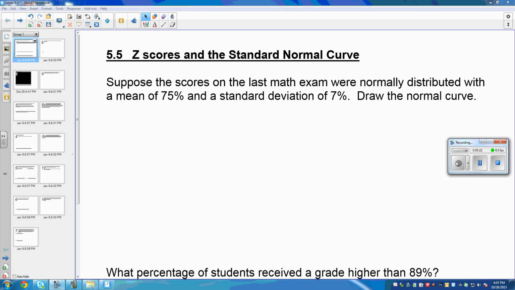standard deviation of 7%. If we were to draw the normal curve from yesterday, we would start with our normal curve picture, start with the mean or the mu right in the middle at 75%.